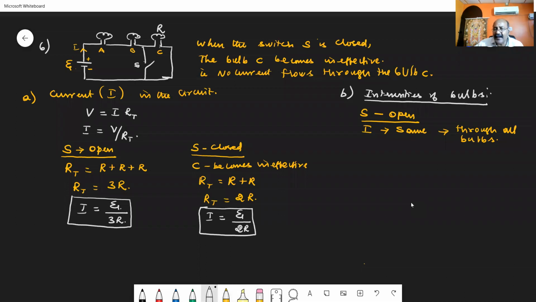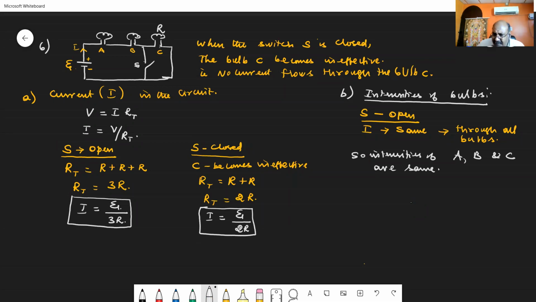So we can say the intensities of bulb A, bulb B, and bulb C are the same when the switch S is open, because the current is the same and the resistance is the same, so automatically the intensity is the same.